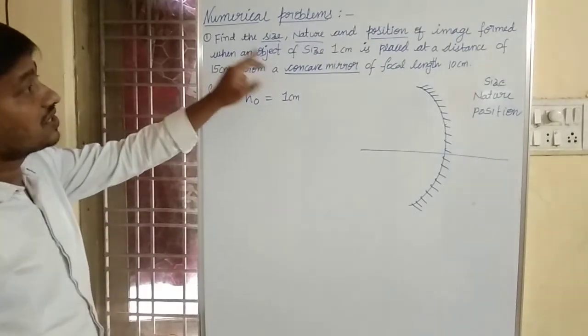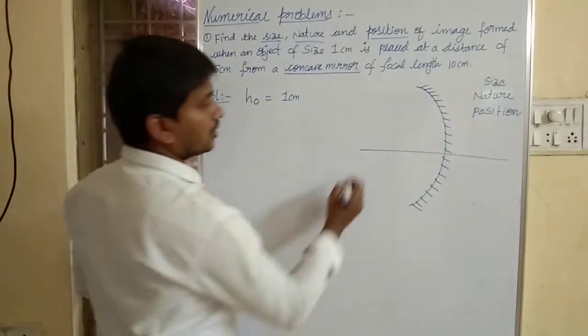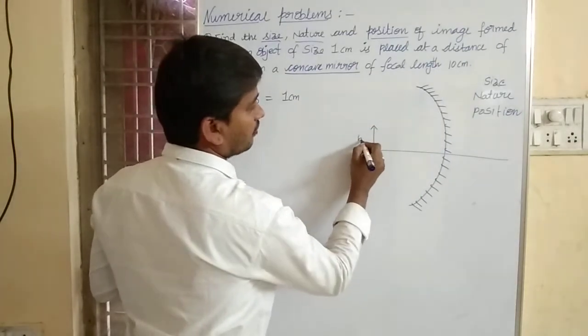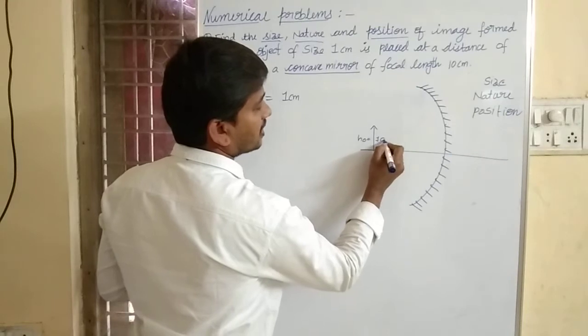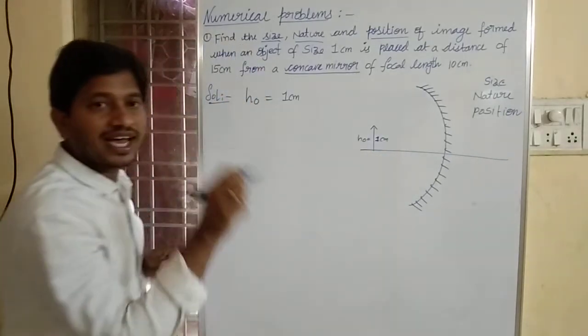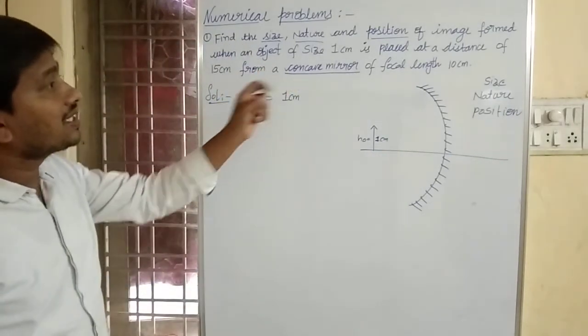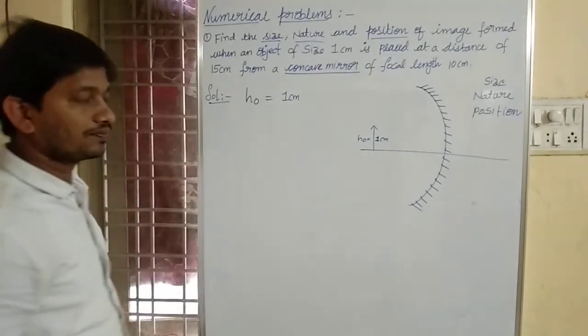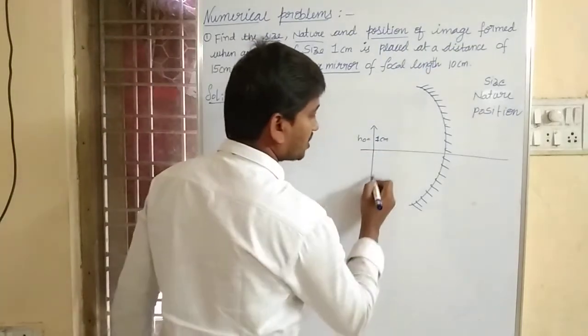When an object of size 1 cm. This is my object. Height of the object is how many centimeters? 1 cm. An object of size 1 cm is placed at a distance of 15 cm from a concave mirror. What is the object distance?